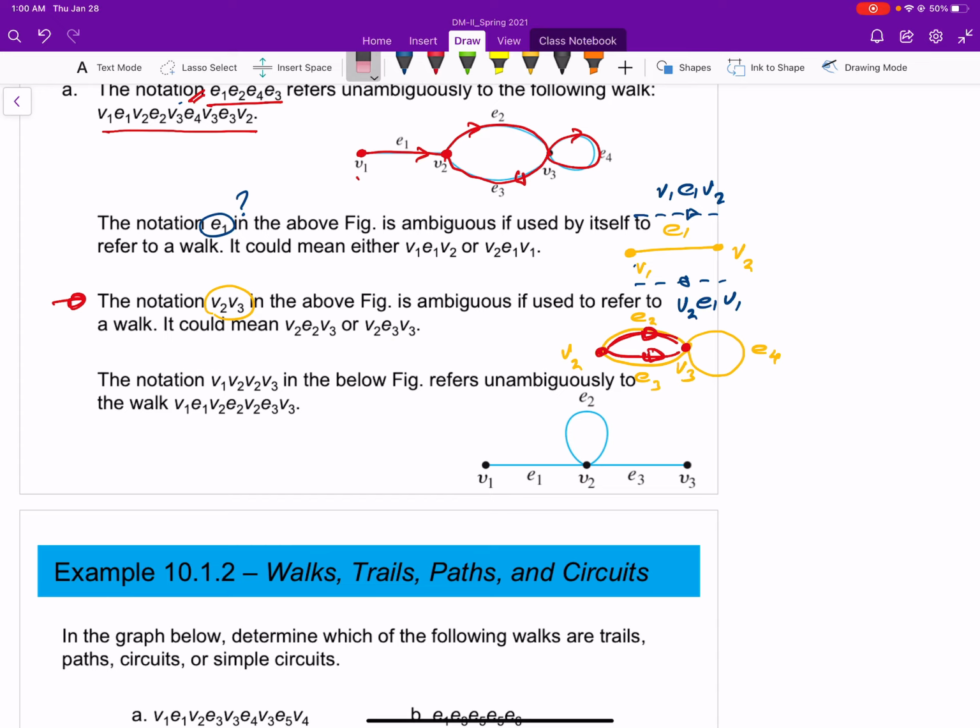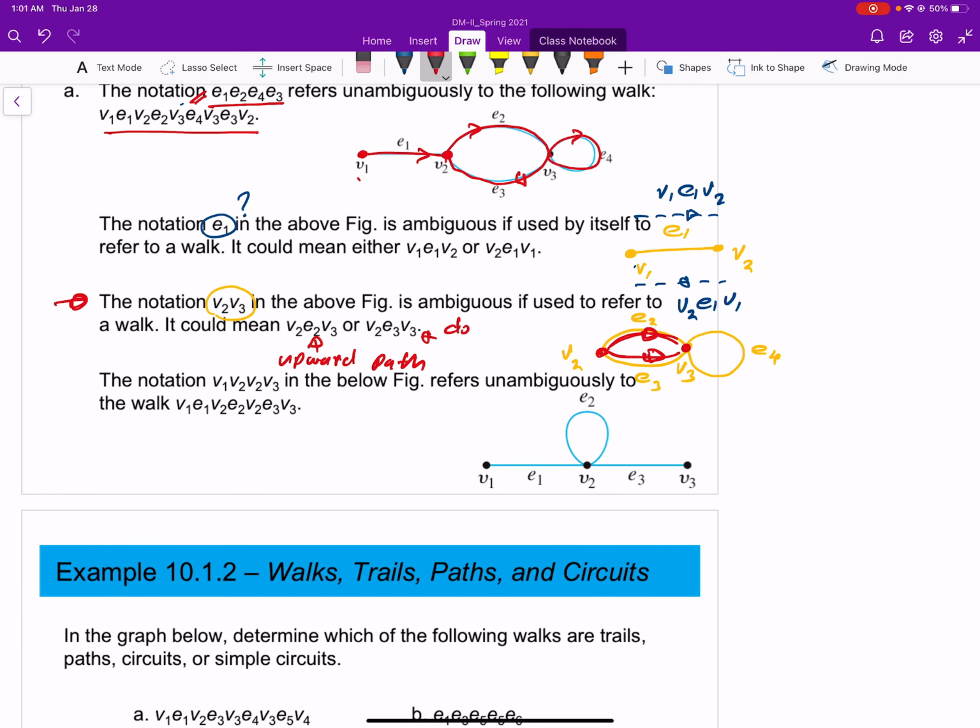The upward case is this upward path. So this is the downward path.